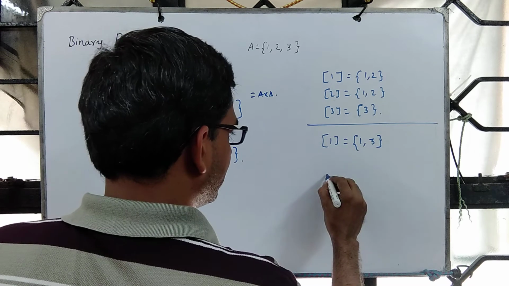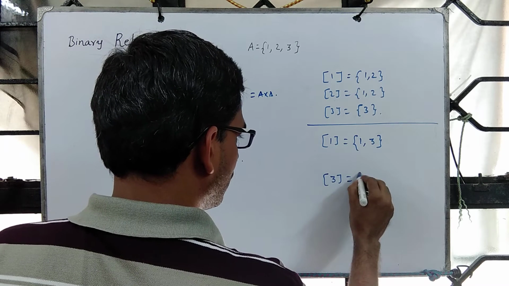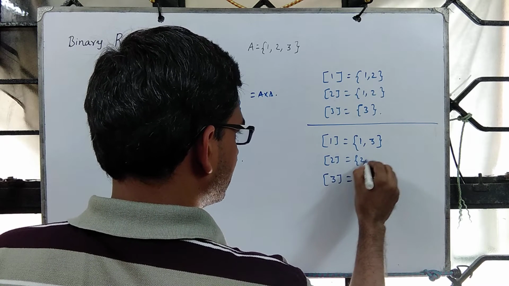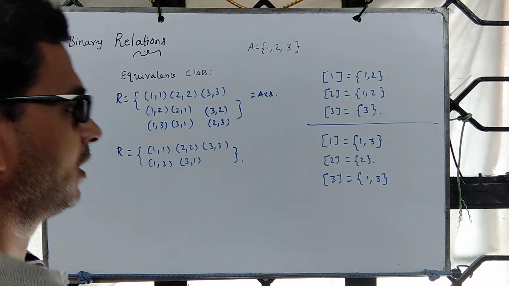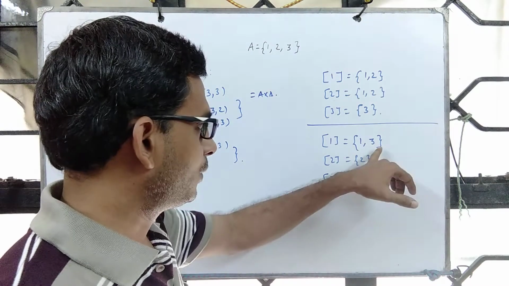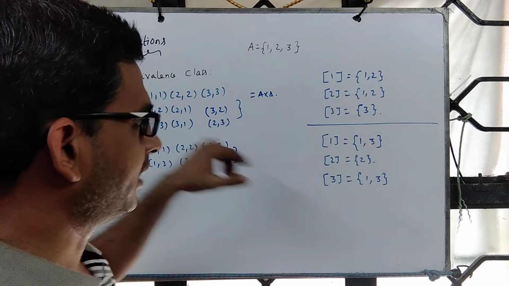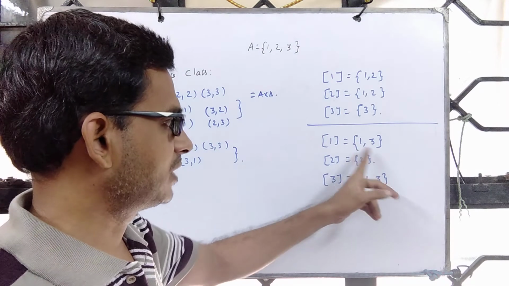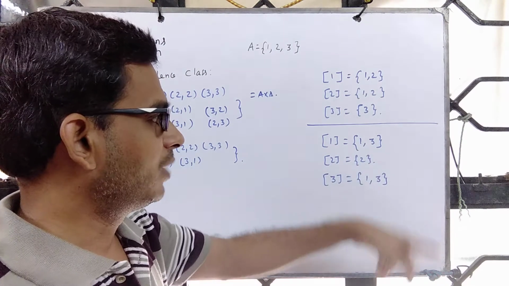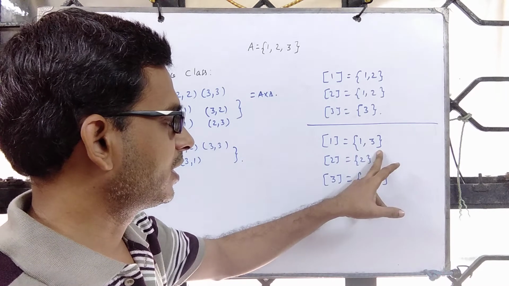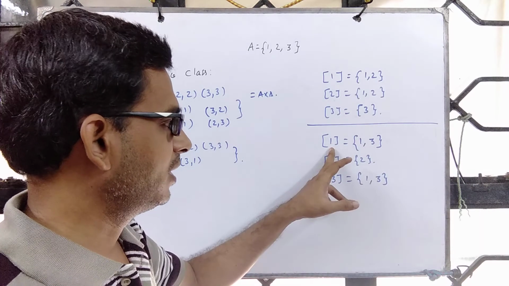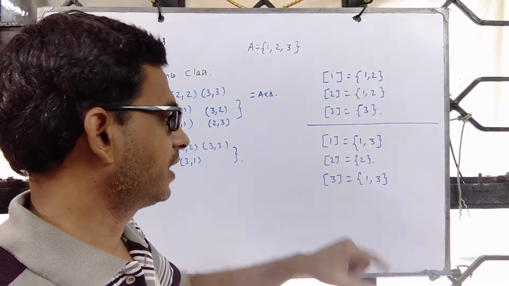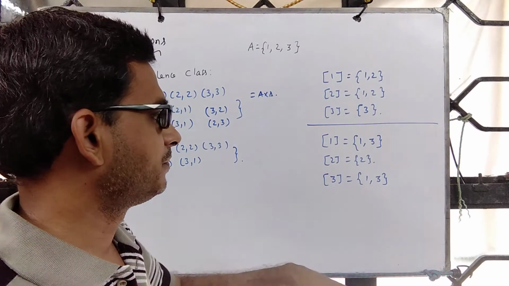If you have {1, 3}, then 3 should also be {1, 3}. Then 2 will be just {2}. When you include 2 here, then this becomes {1, 3, 2}. And one of our properties says if 2 is present in 1, then 1 must be present in 2 as well. Okay, so that will bring {2, 1}.